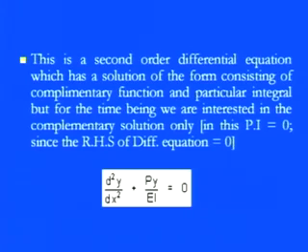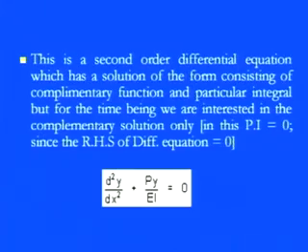This has a solution consisting of a complementary function and a particular integral, because whenever we talk about a linear second order differential equation, we have a CF and a PI, which is a very common way to calculate these things. But for the time being we are interested in the complementary function, because in that case PI equals 0, as the differential equation equals 0.